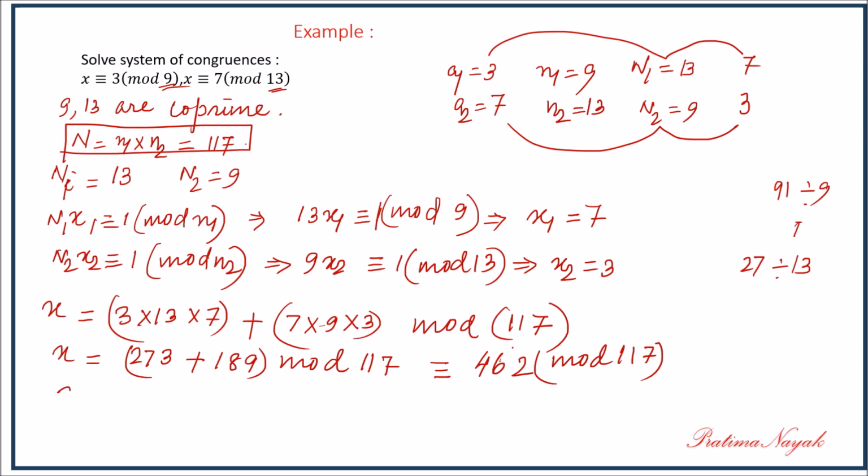When 462 is divided by 117, divided with 4 or 3, 3.